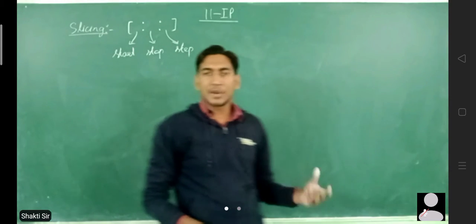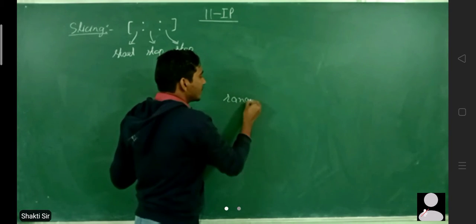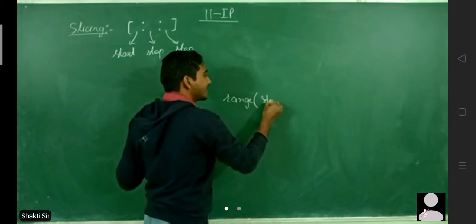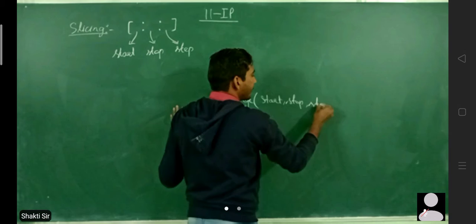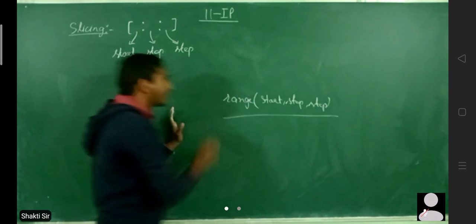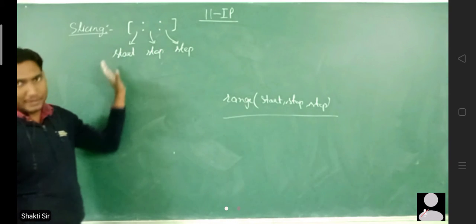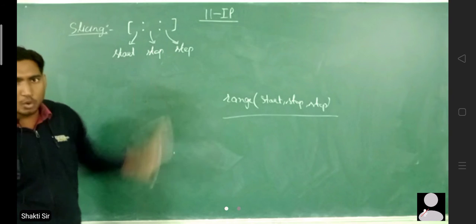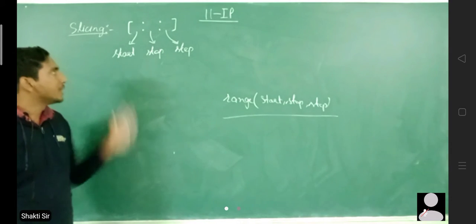So just like a range function. In the range function we use it like this: range, then parentheses, then start, then stop, and then step. Similarly we have slicing, but it looks like this. We use square brackets, and inside the square brackets we use two colons and three arguments in between them: start, stop, and step.